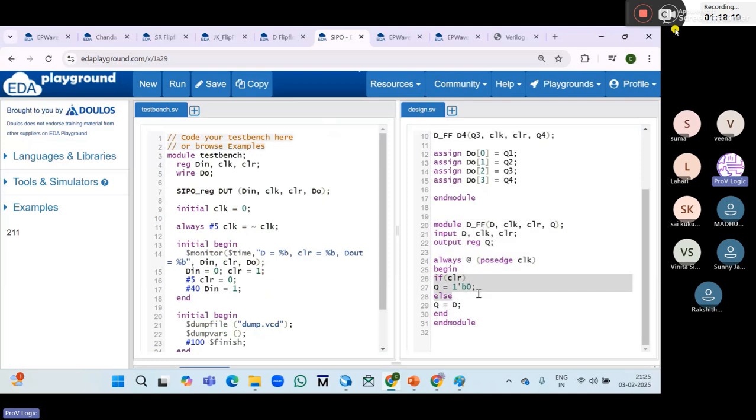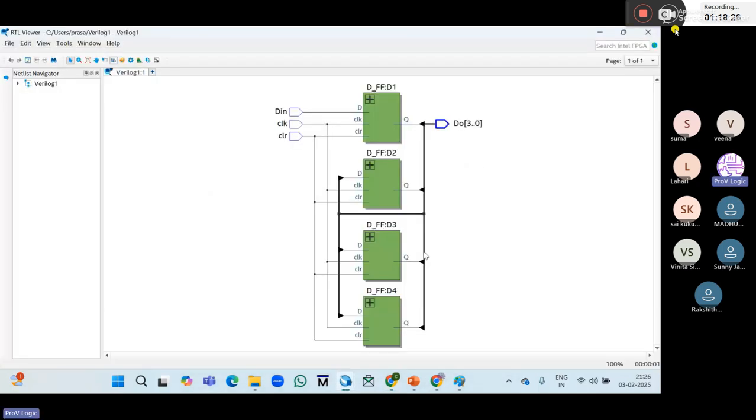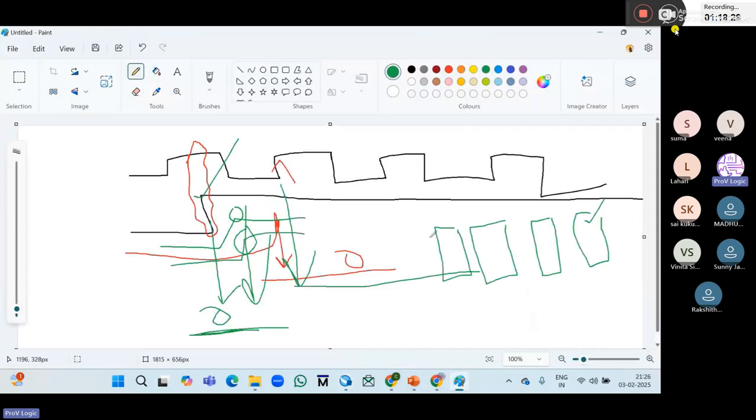If clear is high, output equals 0, else Q equals D. By using copies of this D flip-flop, we created 4 flip-flops and made the connections here. You already know, but I will explain clearly in the next session. So this is how we generate the 4 flip-flops. Serial inputs are given here, but output is obtained parallelly here.